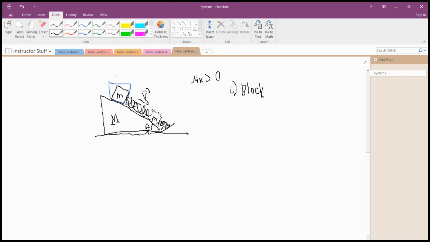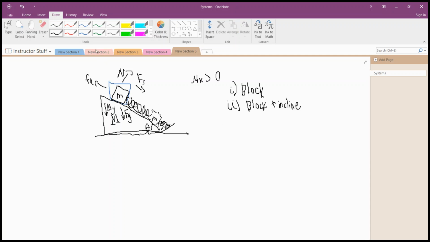In this system, all the forces acting on the block are external to the system. We have the gravitational force from the Earth, we have the spring, we have the normal force, we have kinetic friction, and if we consider the mass of the incline, we also have the gravitational force from the incline. All of these forces are acting on the object. All of these forces are external to the system.